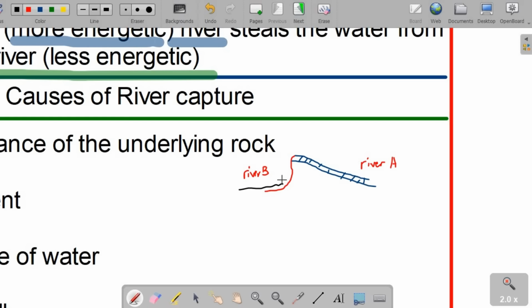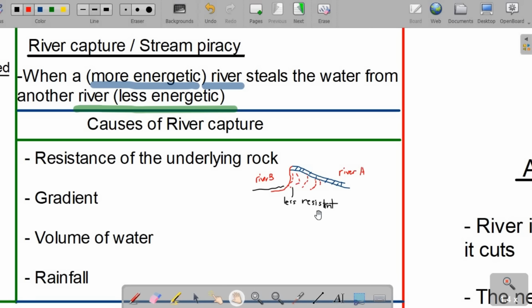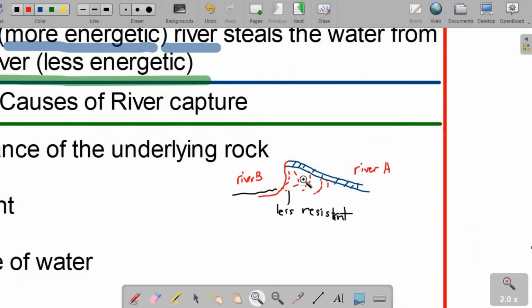Because it is on the side of the less resistant rock. And so this means that it will be able to erode this rock easily, until at some point river B joins with river A. So it's much easier to steal the water of another river if on your side you have a less resistant rock, right?